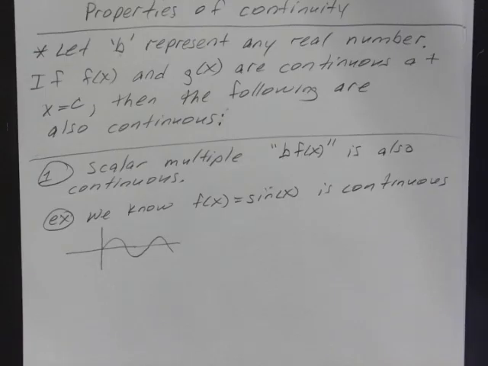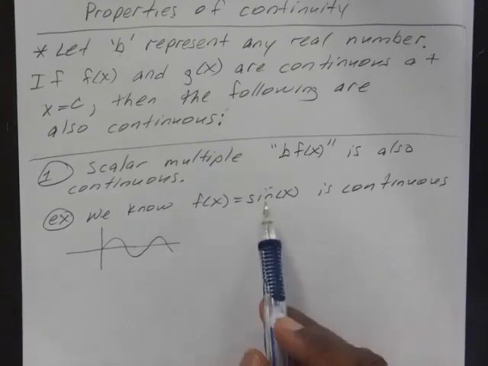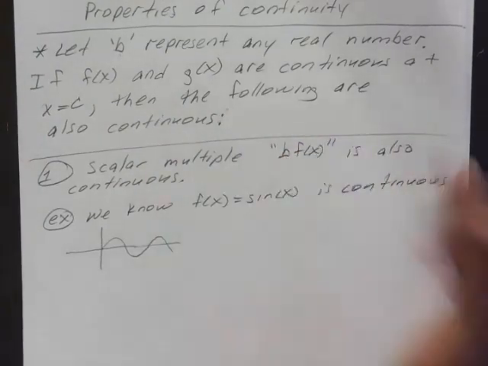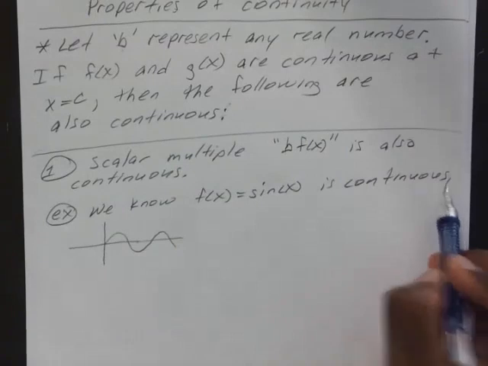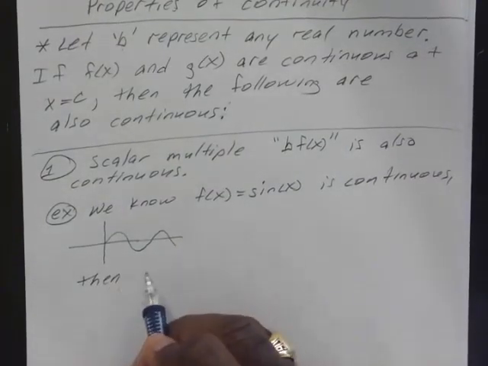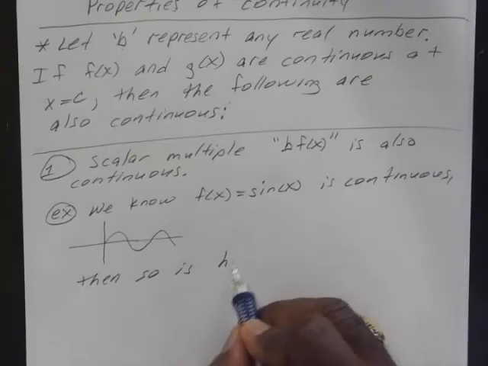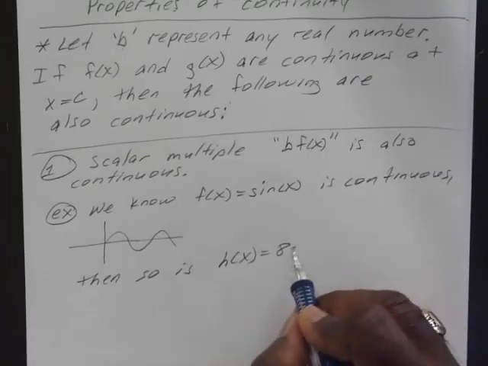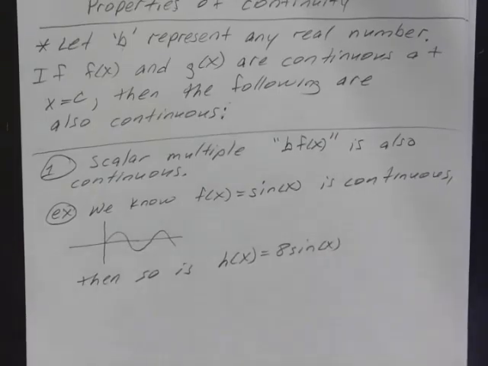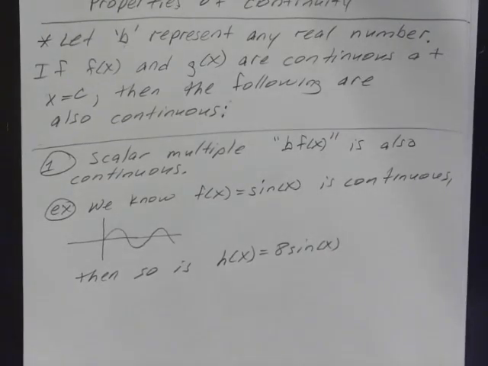So we know it's continuous. So since sine of x is continuous, then so is, say, h of x equals 8 times sine of x. The amplitude of 8 is just going to stretch it vertically, but it will still be continuous. So multiplying a real number times a continuous function means it's still going to be continuous.